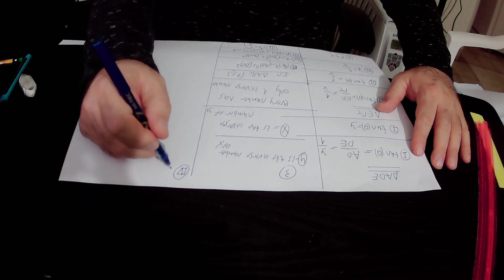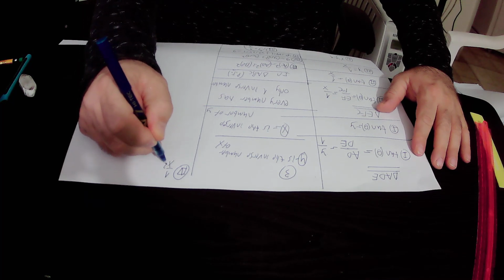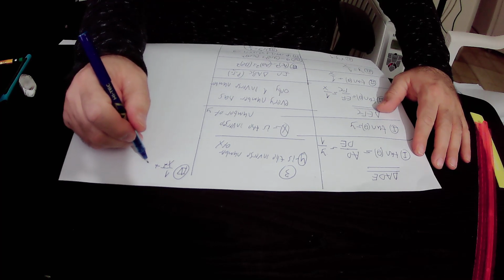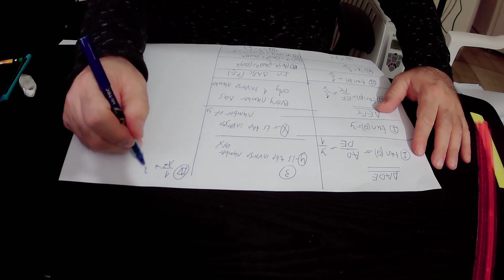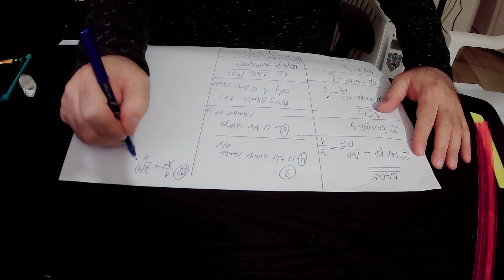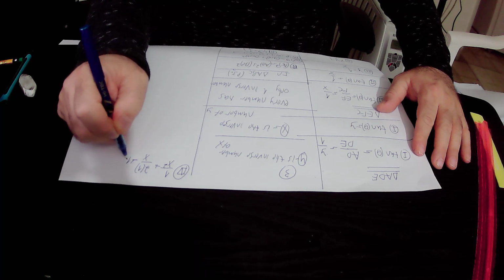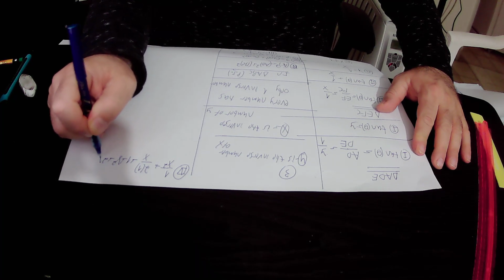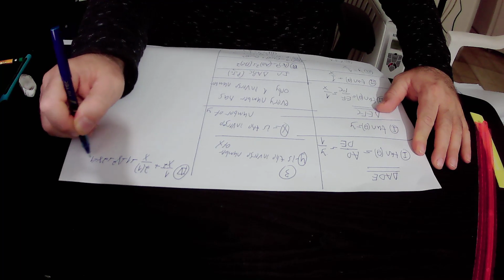So y squared is 1 over x squared, plus 2y. 2y is 2 times 1 over x, plus 1, plus x squared plus 2x plus 1 equals 9.